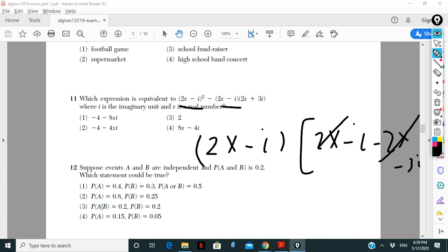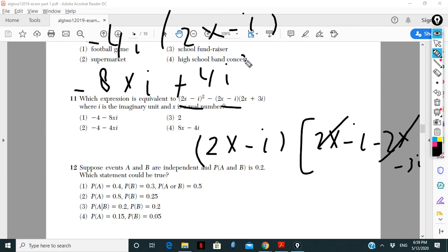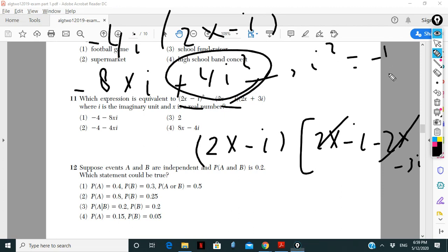So this cancels out, and I'm going to have negative 4i, multiplied by 2x minus i. When I distribute, it's giving me negative 8xi positive 4i squared. When I replace i squared equal to negative 1, it's going to give me negative 8xi minus 4. So in that case, it's going to be number 2. Number 1. It is number 1.